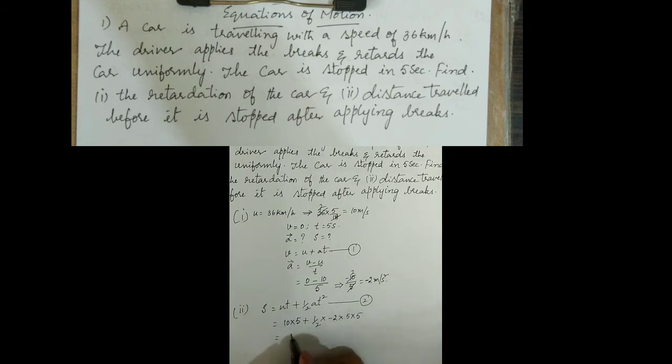So 50 meters, and half of minus 2 becomes minus 1, 5 fives are 25, so minus 25 meters. That is equal to 25 meters. Therefore a is equal to minus 2 meters per second square and s is equal to 25 meters.